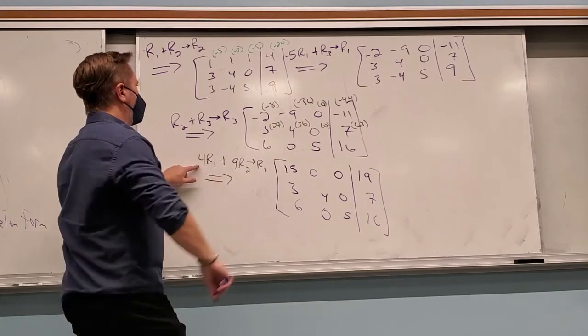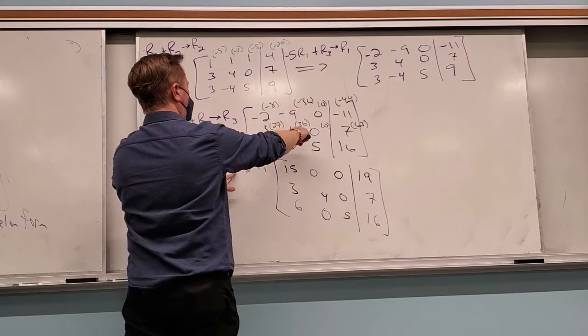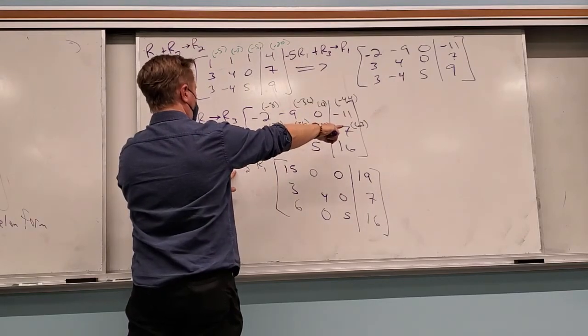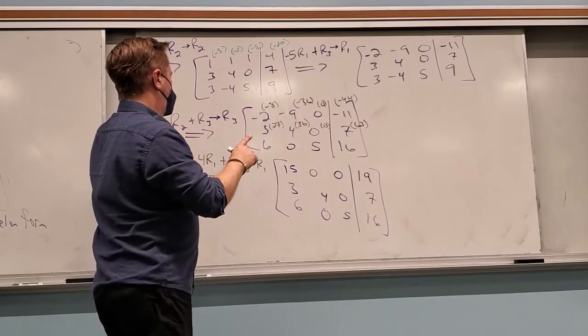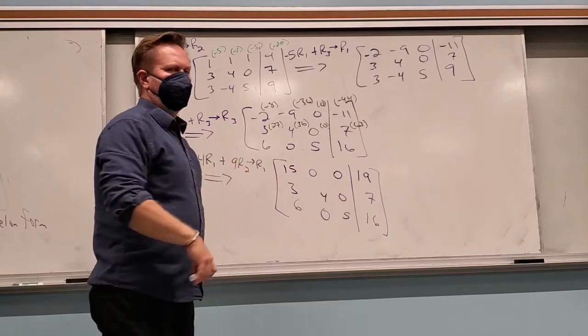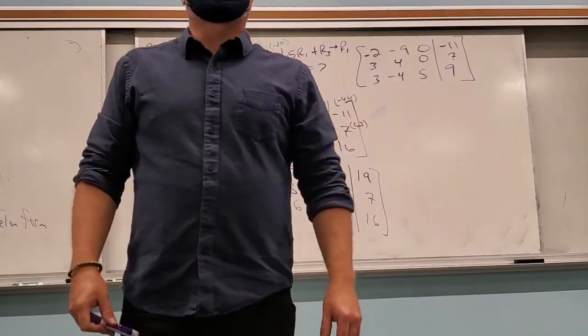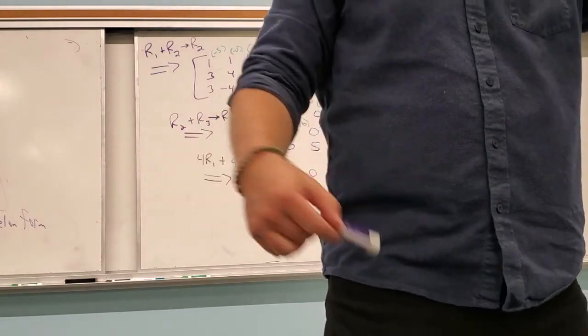Then I did 4 row 1 plus 9 row 2. And I put the answer in row 1. Let's see. Oh, it's right there, Jeff. All right. So when you check your work, maybe go to the very last thing you did.